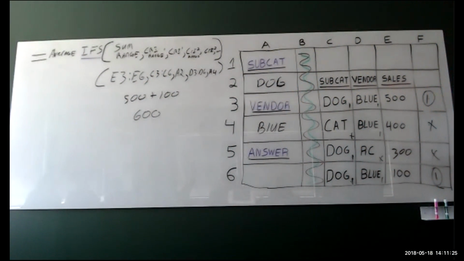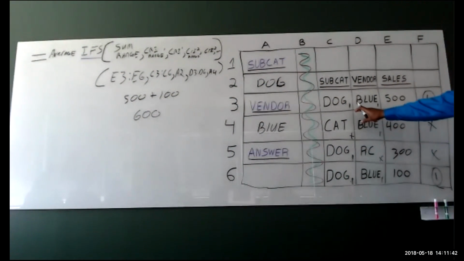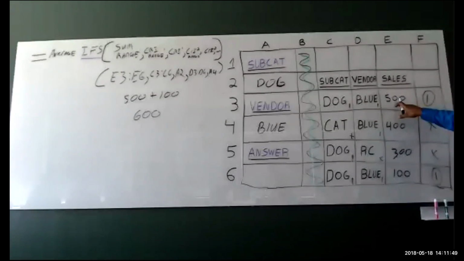Drew, I have a question. Sure. On the average, how does it factor in non-numerical or blank cells? Does it have those as 0? So you're saying if it found a match here, but this number was blank. Yes. Or this number was NA or whatever, how does it calculate?